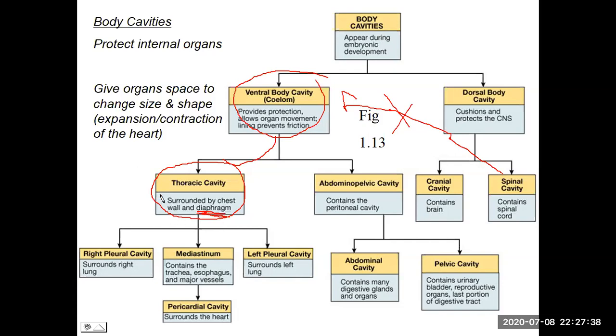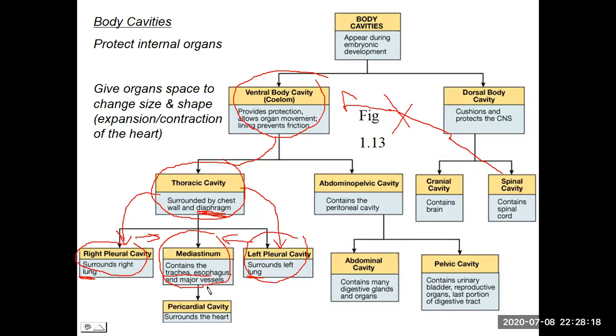Within the thoracic cavity, the two lateral components, lateral meaning towards the sides, there's a right and left pleural cavity, and this is the exact location for the paired lungs. All of the area medial to the two pleural cavities, so towards the center, this entire area medial to the two lungs is known as mediastinum. And this is where our windpipe and esophagus travel down.